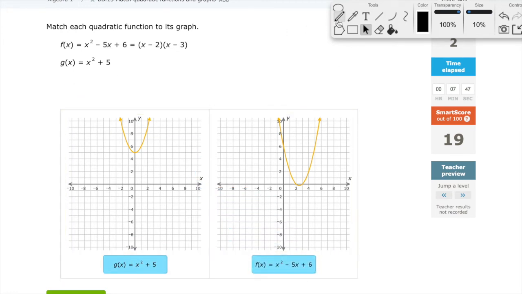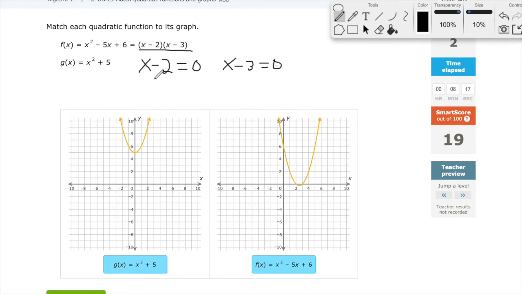All right, now I said we didn't really need this part in this problem, but let's go ahead and explain it just for further use. This -2, if we think back to that zero product property that we talked about a little while back, we can set each of these individual sets of parentheses equal to 0. So x minus 2 equals 0, x minus 3 equals 0.